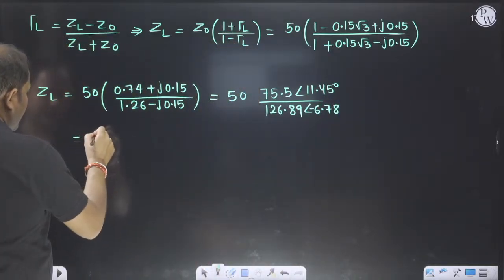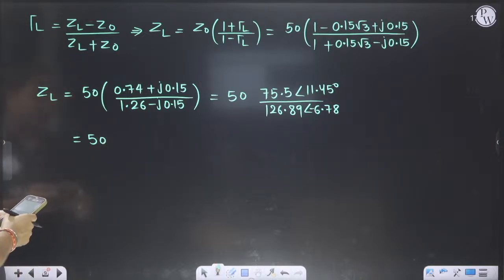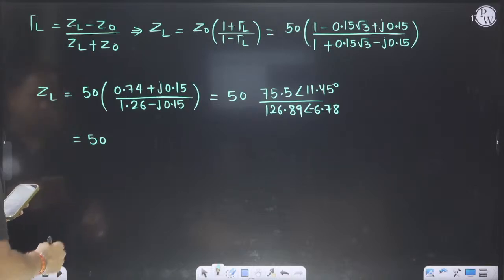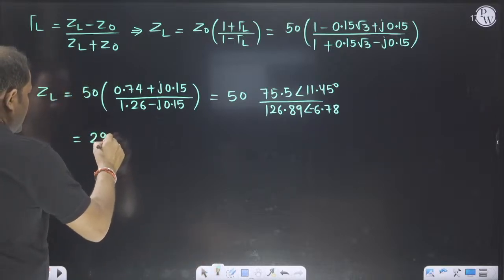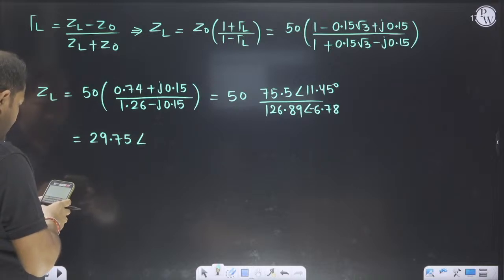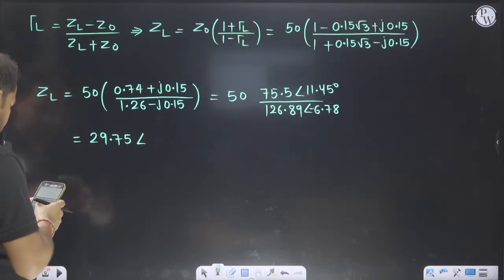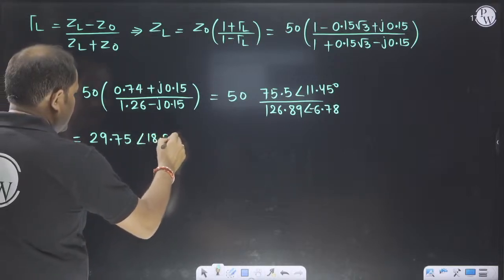So it will be 50 and the division will be, 50 into 75.5 divided by 126.89, which is 29.75, at an angle of 11.45 plus 6.78, which is 18.23 degree.